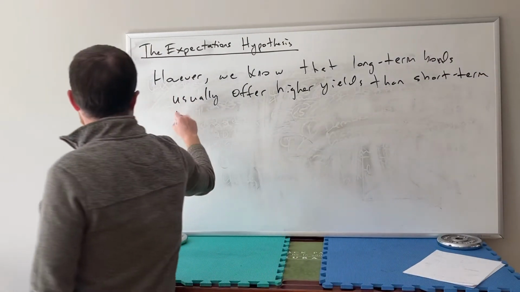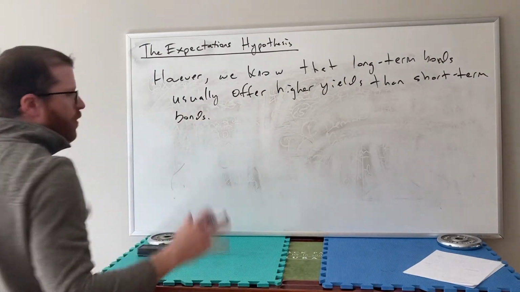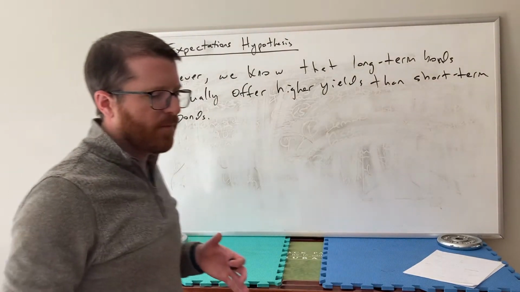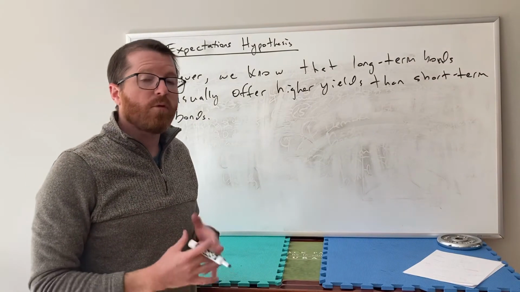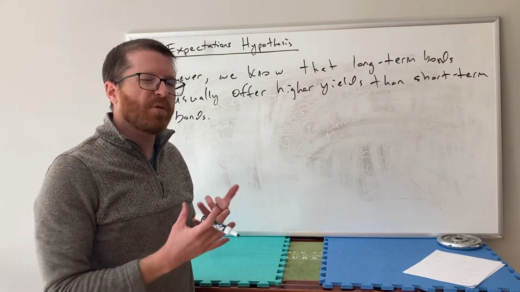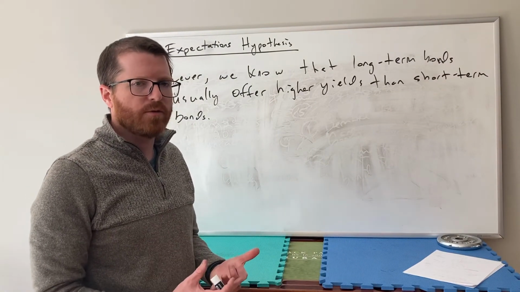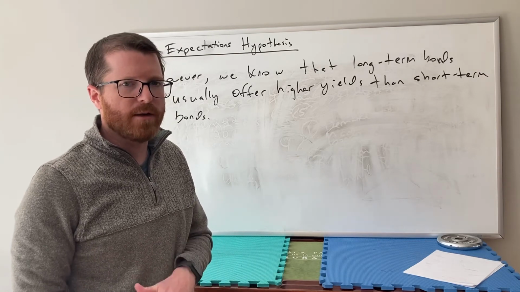Okay, so what this suggests is that for some reason, if we think about the demand for bonds, this is probably what's driving it. For whatever reason, investors would just prefer to buy short-term bonds relative to long-term bonds, okay?